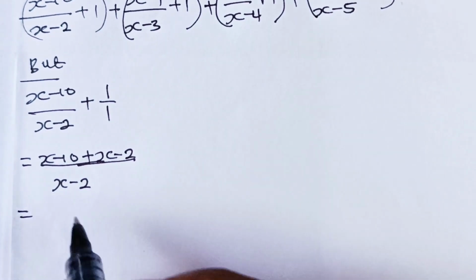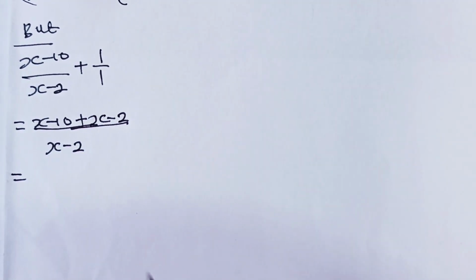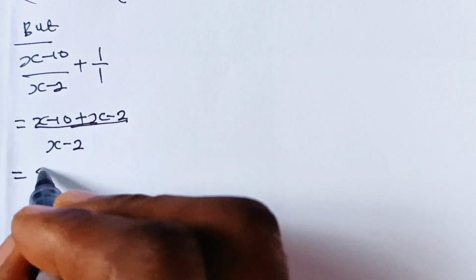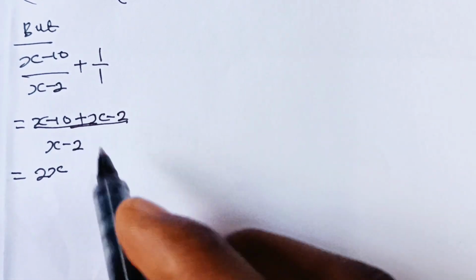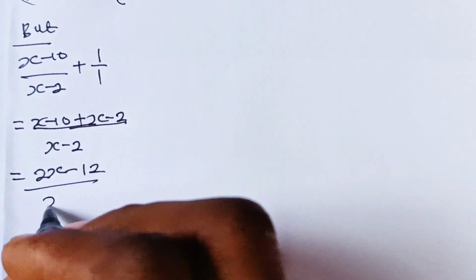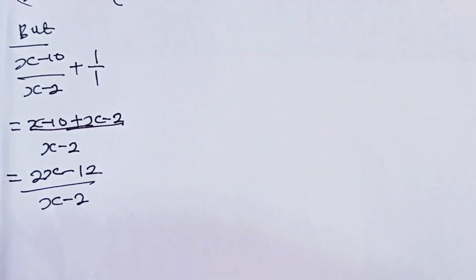Now x plus x gives us 2x, and minus 10 minus 2 gives minus 12, divided by x minus 2.